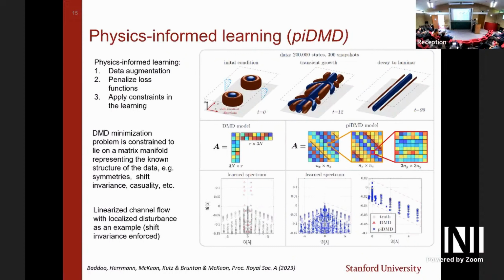If you know what's going to be in your A matrix, then you can put that as a constraint. So in the example of the channel, we've got the shift invariance, so you can put that in as doing the DMD subject to that constraint. So Peter did a really nice job of explaining how this is related to the Procrustes problem, and there's a mathematical history to this. So it's really applying that to the DMD problem rather than discovering that this structure is important or can be used.